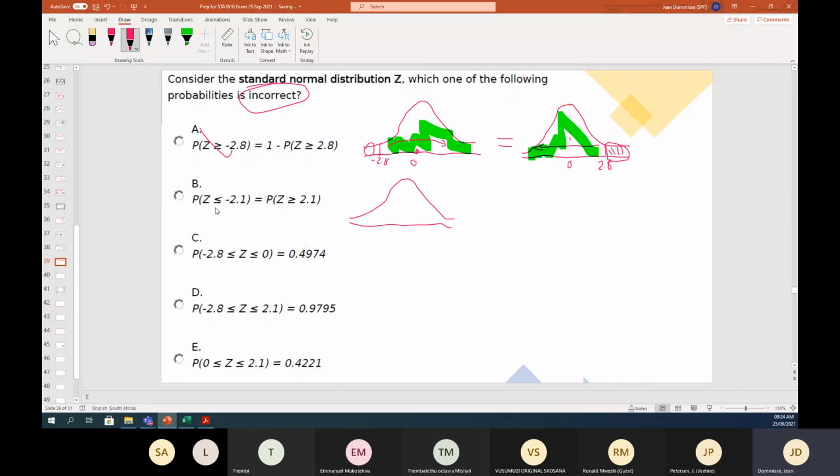So the probability that Z is smaller than minus 2.1. Is that equal to the probability that Z is bigger than 2.1?